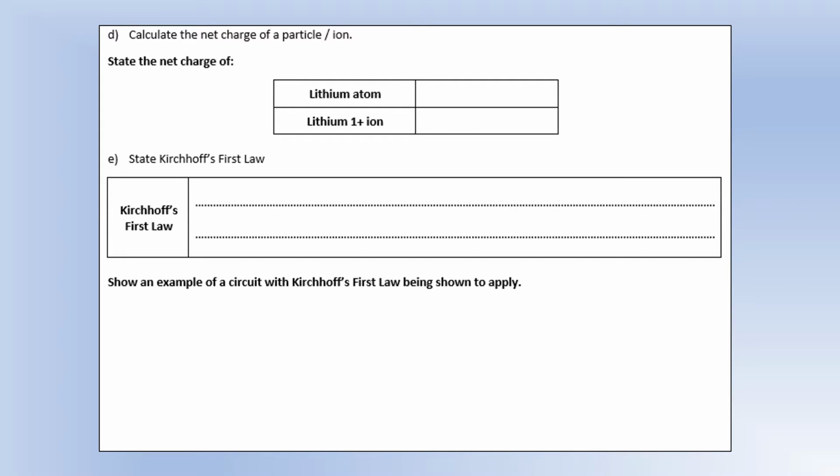In terms of looking at the net charge of the lithium atom and ion, atoms you should know are neutrally charged. A lithium 1+ ion means it has a fundamental charge of plus 1.6 times 10 to the minus 19. When we describe it as +1, what we're giving is called the relative charge, whereas what I've given is the net or the absolute charge.